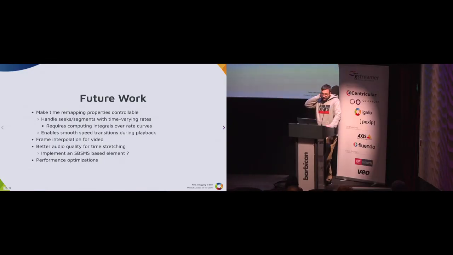And on the performance side, we can disable the pre-seeking optimization in GESUriClipAsset source. That's something I explained last year. With time effects, it still creates some issues. So for now, it's not enabled yet.